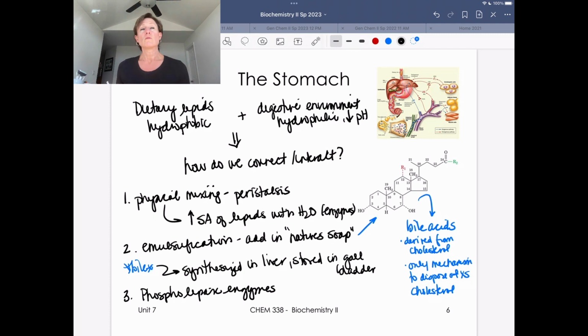Okay, so going back to our salad dressing analogy, right? If you make salad dressing the old-fashioned way with a packet of seasoning, and then you mix water and vinegar, which are hydrophilic, with oil, which is hydrophobic, the only way to get it to mix is to physically shake it. Well, oftentimes you can buy salad dressing in the grocery store that doesn't require you to shake it.